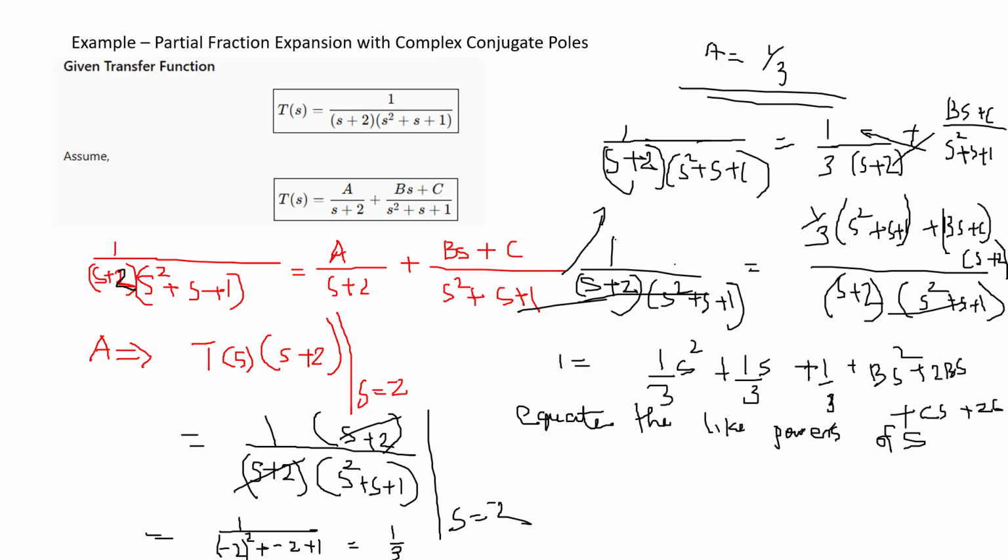This is very important. When you equate the like powers of s, we will see what happens. You have to bring together the like powers. So s square terms can be brought together, that is 1 by 3 plus b, right?